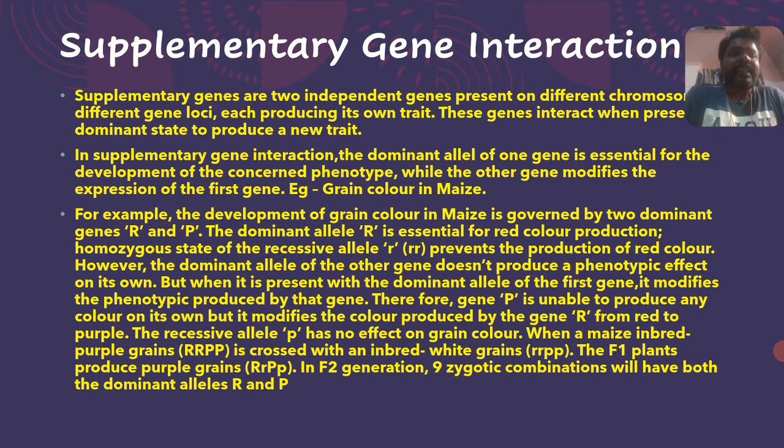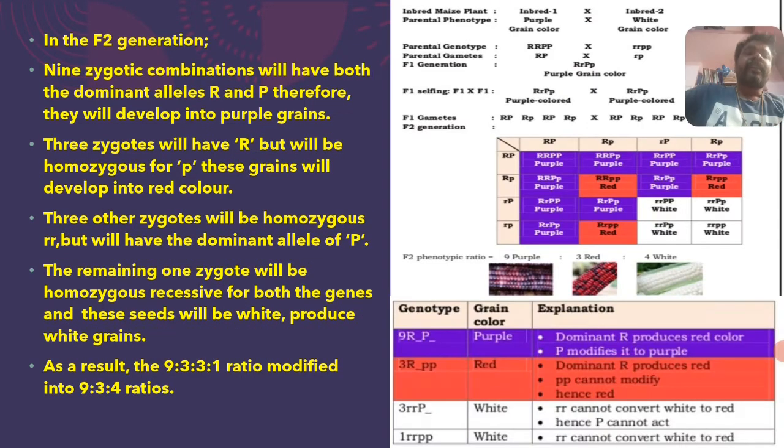In the F2 generation, nine zygotic combinations will have both the dominant alleles, capital R and capital P. I will show this in the next slide. Therefore, they will develop into purple grains.